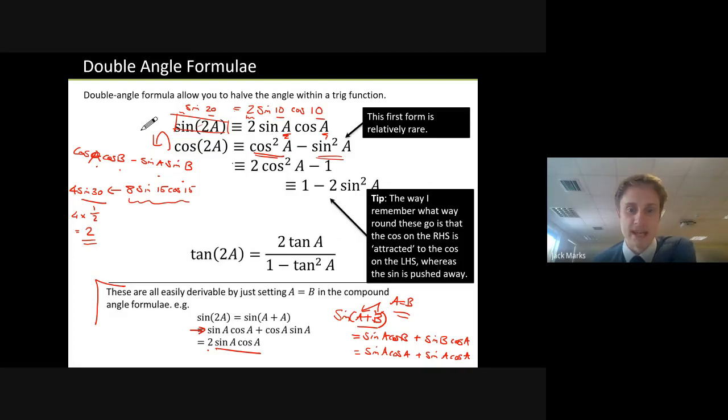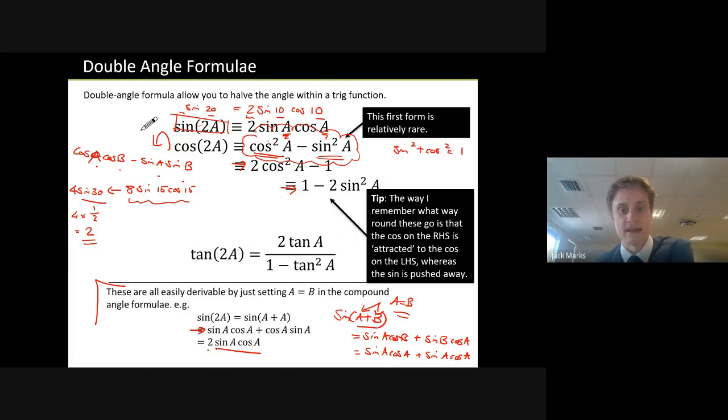We normally write it in this form or this form here. So instead of having cos squared minus sine squared together, it tends to be more useful to only have cos squared in it or only have sine squared in it. The way you do this, if you forget at any point, is you use sine squared plus cos squared equals 1.